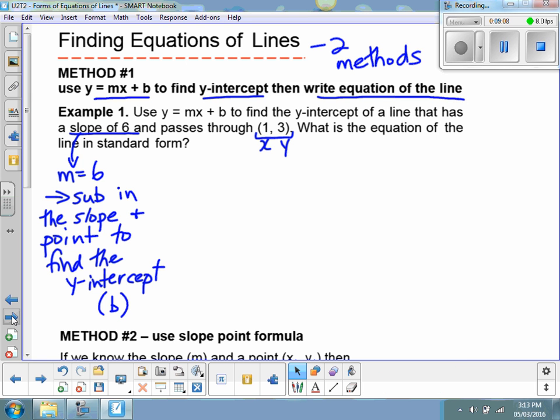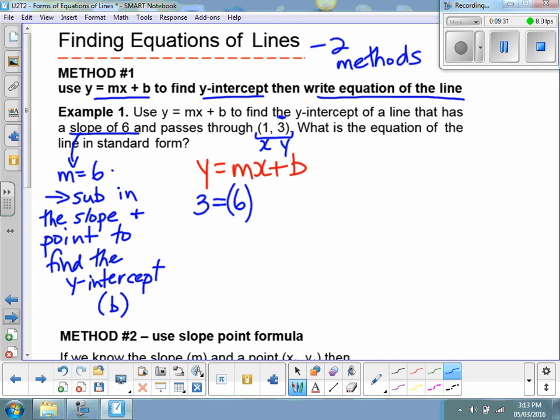All right, so I'm going to start with y equals mx plus b at the top. And now I'll sub in what we've got there. So the y value up above here is 3. So I'm going to put 3 in where the y is. The m I have over here, that's 6. The m and the x are multiplying together, so I'm going to use brackets here. X is the 1 from up above here.